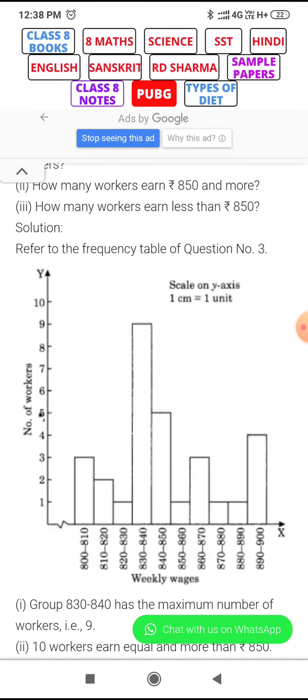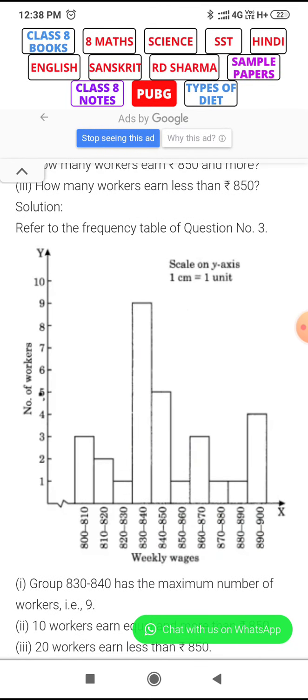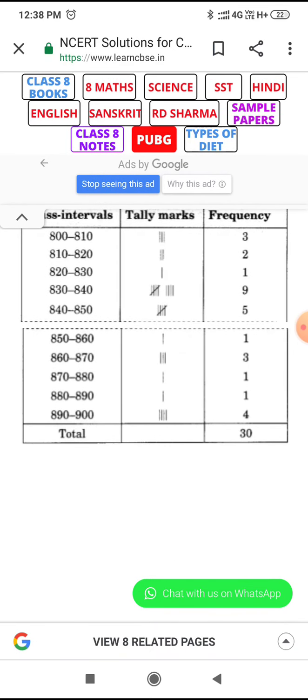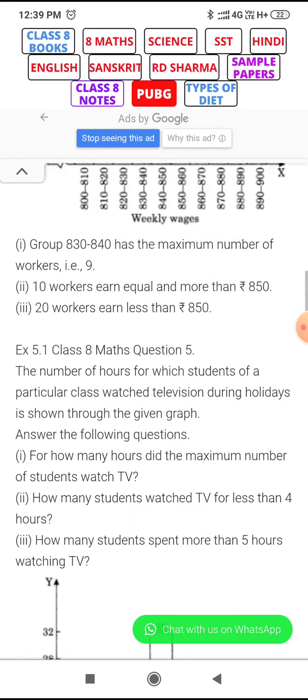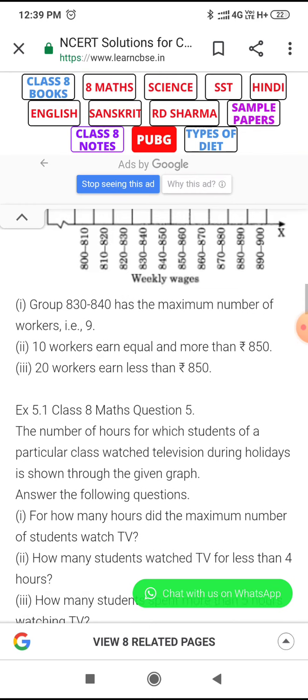For this, we count the number of workers from 850. So add 1 plus 3 plus 1 plus 1 plus 4. So you have 10 workers who earn 850 and more.